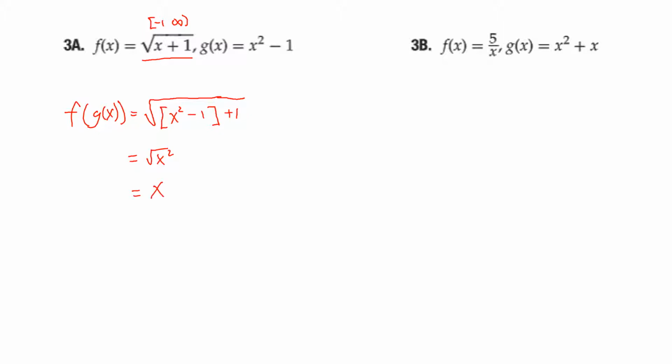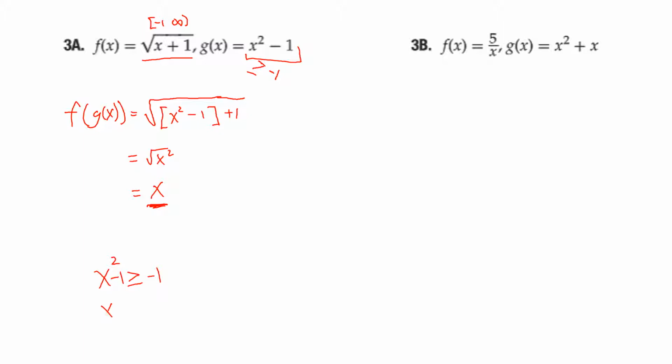Now, this function looks like it's defined everywhere, but we already know that the only way f of x works is if this is between -1 and infinity. That means this has to be -1 or greater. So let's solve that. X squared minus 1 is greater than or equal to -1.